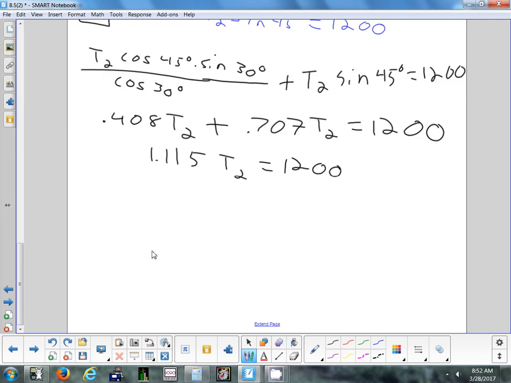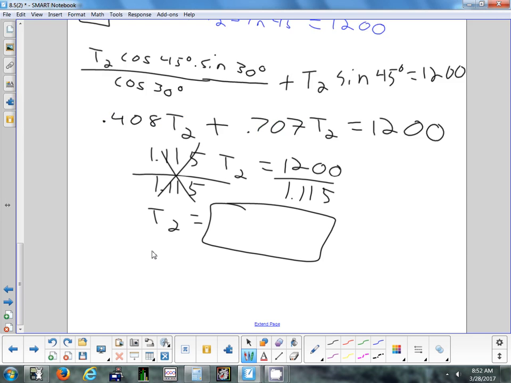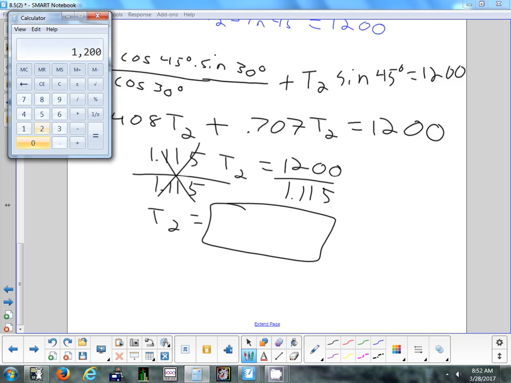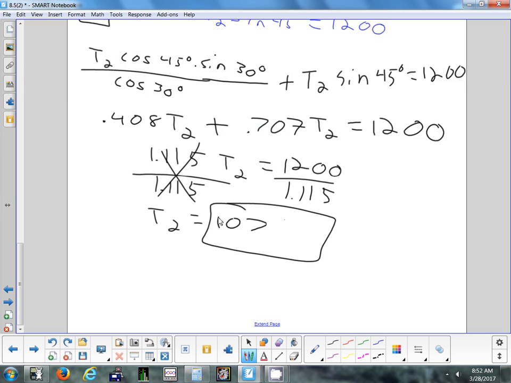Yeah, and then divide each side by that. And that'll be the tension in cable 2. Okay, so 1200 divided by 1.115. So there's roughly 1,076 pounds of tension in that cable.